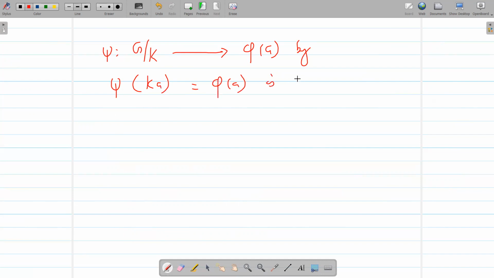So we showed that psi is well defined. Now psi is defined from G by K to phi of G by psi of Ka equal to phi of a, and it is well defined.